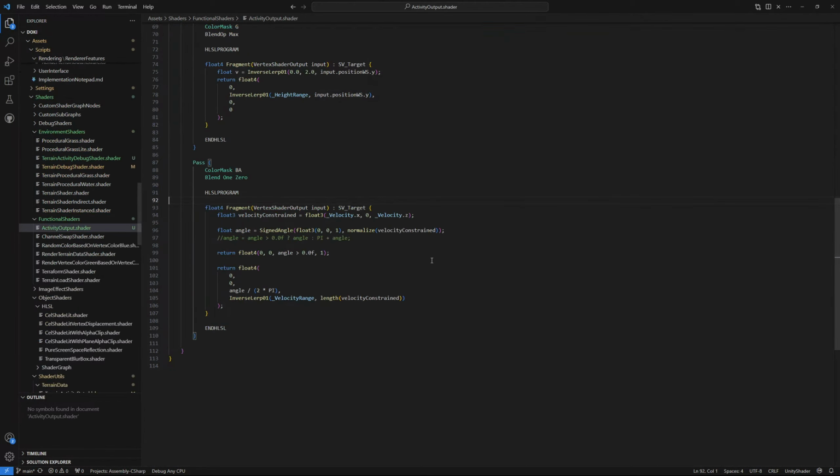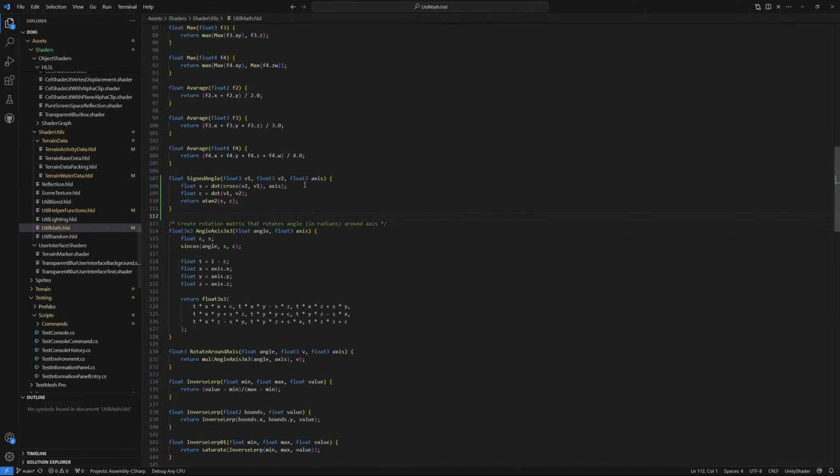So now we have an axis as well. I like that. And here I want to do float 3 0 1 0.